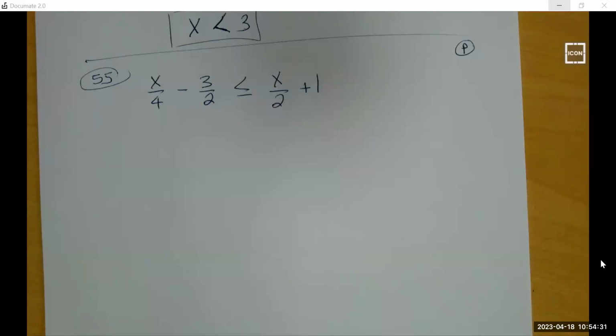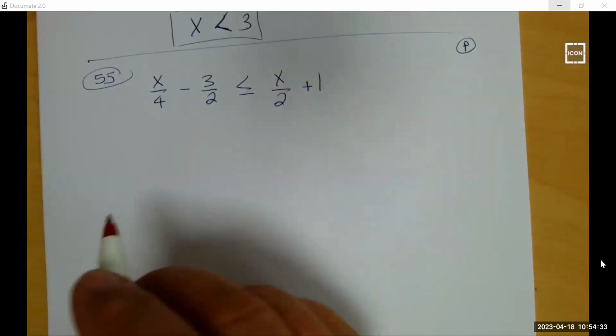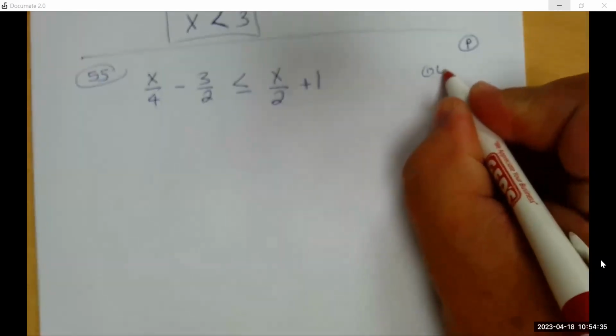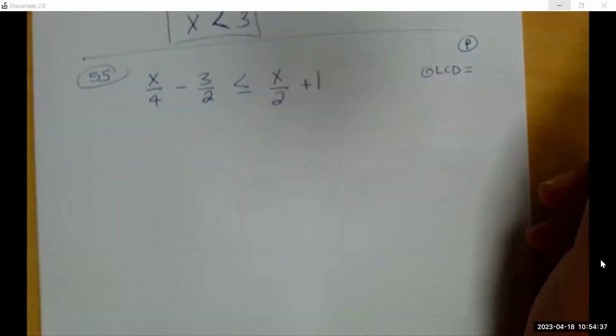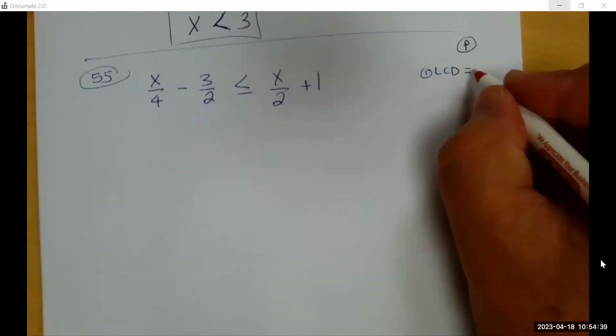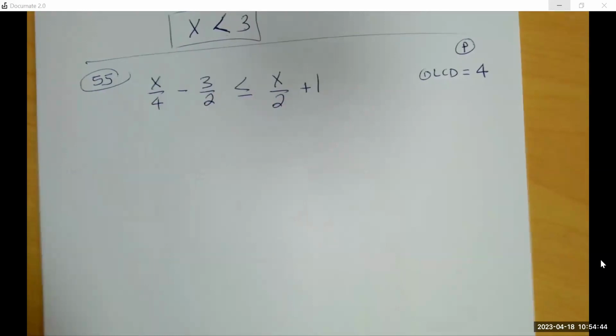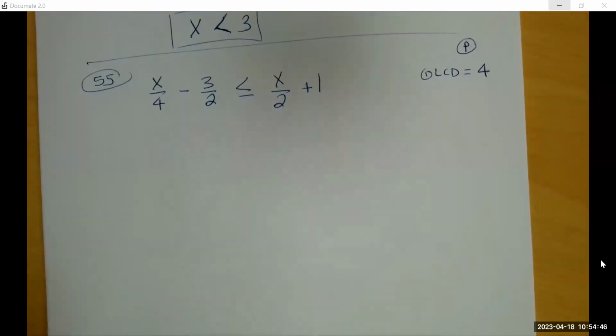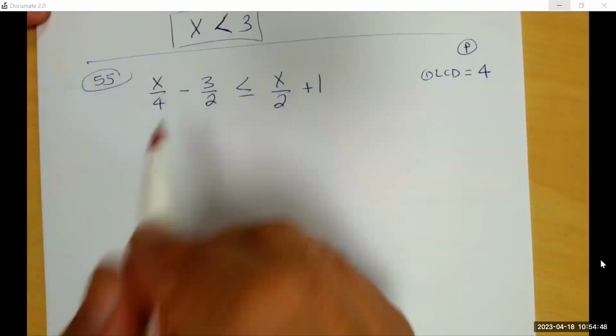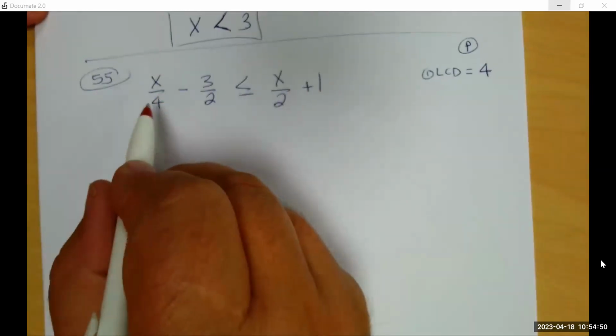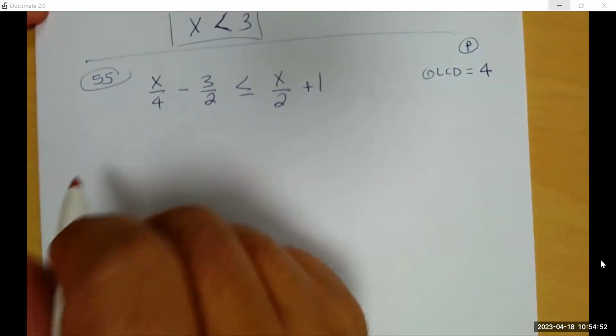Okay. Fractions and equal sign. What's the LCD? 4. The LCD can never be smaller than the largest number in the denominator. So in other words, 2 cannot be the LCD. It always has to be as big, if not bigger, than the largest number.